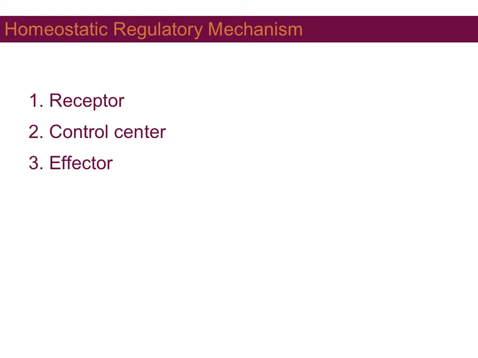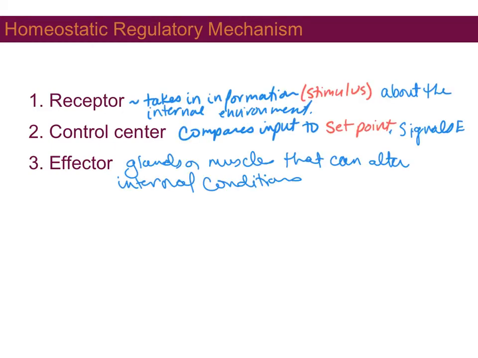Okay, so I'm going to write all that down. So the receptor takes in information, stimulus about the internal environment. That information goes to the control center, like in the brain, compares the input to a set point, and then signals, E for effector.